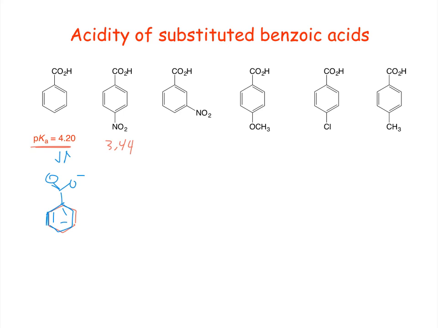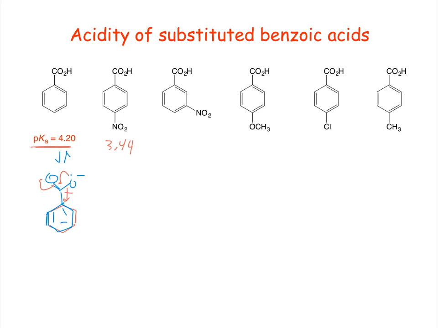No, it can't really do it, right? All it can do is have the resonance that goes between these two oxygens. The benzene ring is actually a little more electronegative, so it just has an inductive effect like this. And if we put electron withdrawing groups, it increases the inductive effect is all.